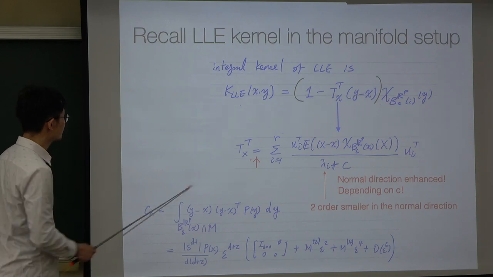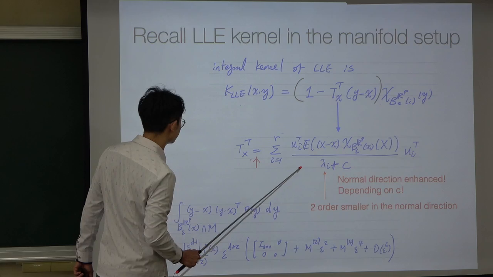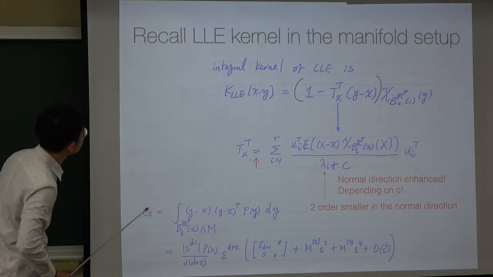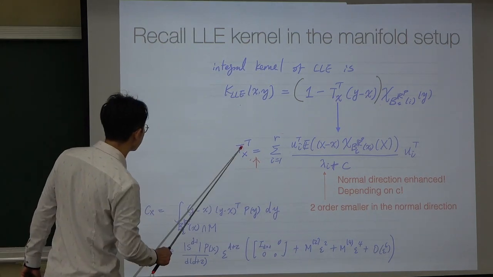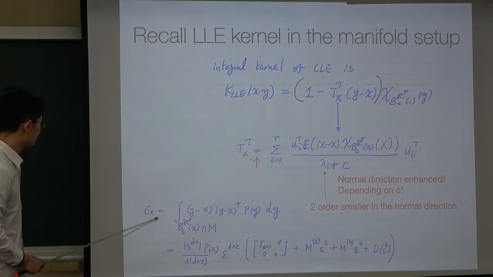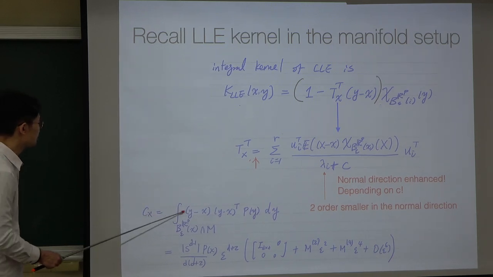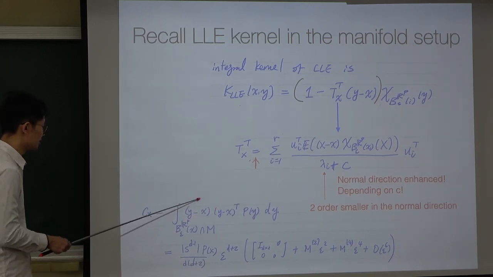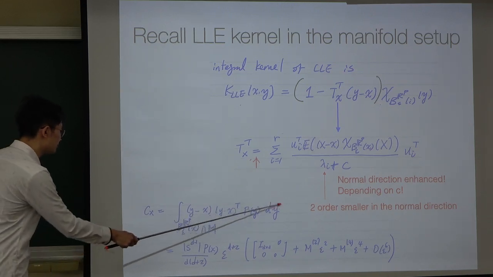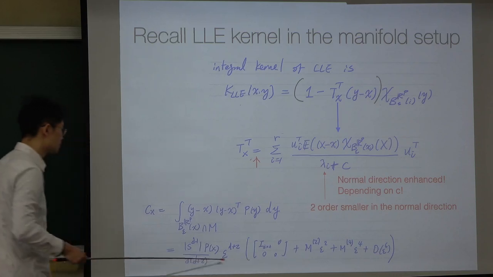And where Cx is a local covariance matrix, and it is inside Tx, which I don't really show here. But if you go back to the previous lecture, you will see this is a local covariance matrix in a continuous format. This is the outer product, this is the density function, and then you have the asymptotic expansion.